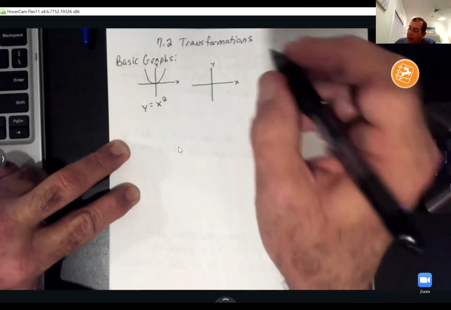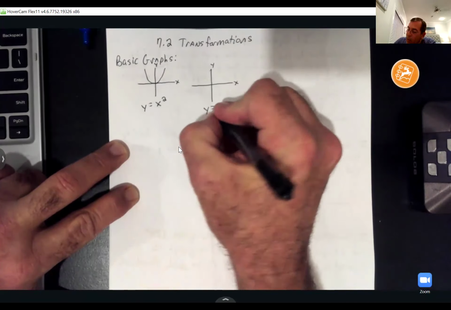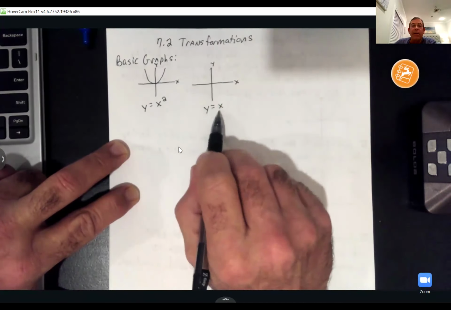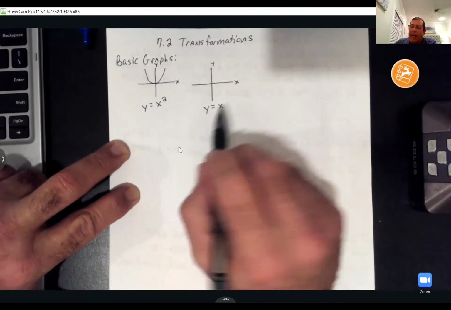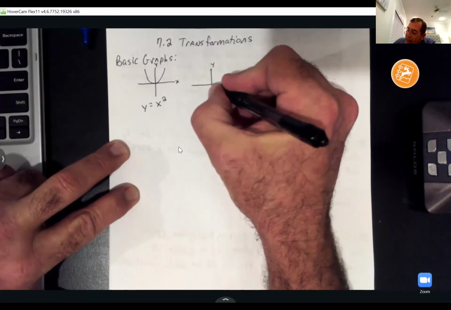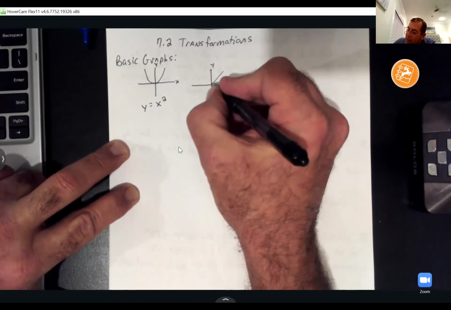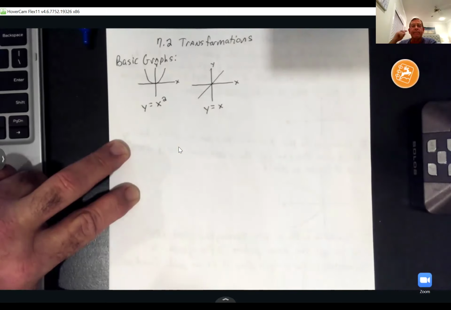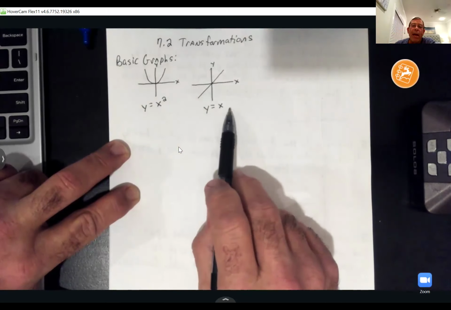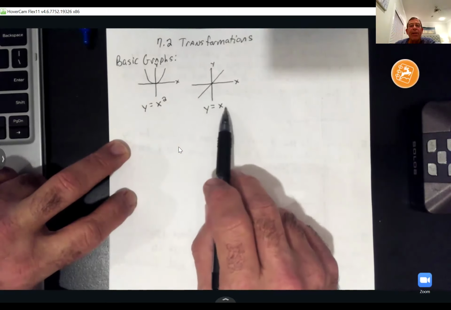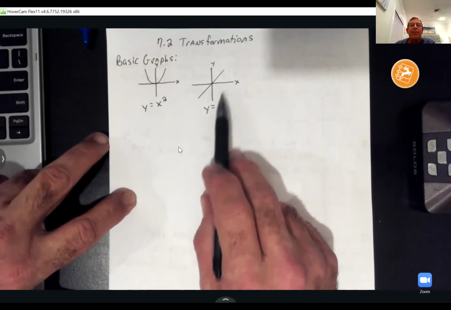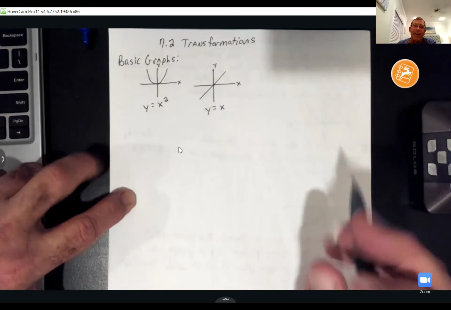The next basic graph is y equals x. Remember, when you have y equals x, that's a straight line, and it sort of comes right through the center. Now, if you add slopes and y-intercepts, then this graph will move around, okay?